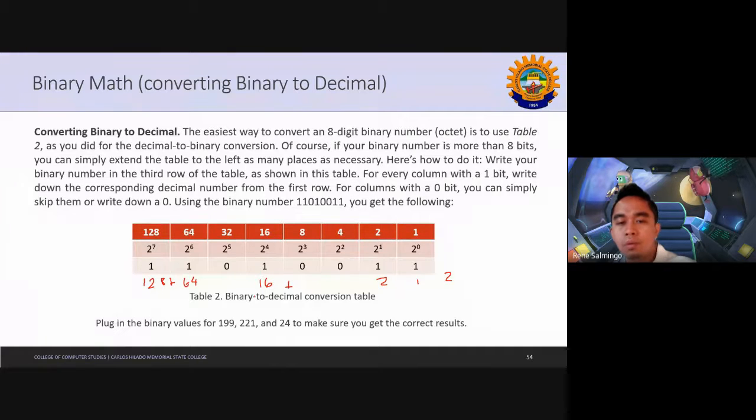192 plus 16, so now you have 208. Okay, next you add 3. So what is the result if you add this? You have 192 plus 16 plus 3, this would be 19.